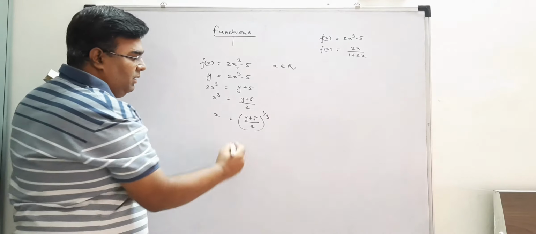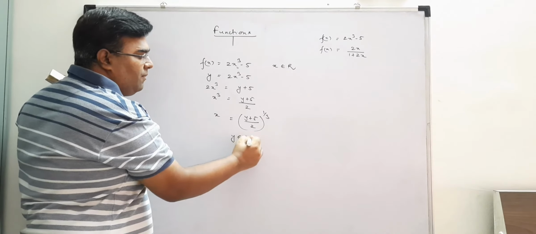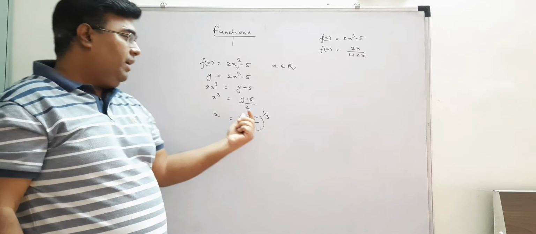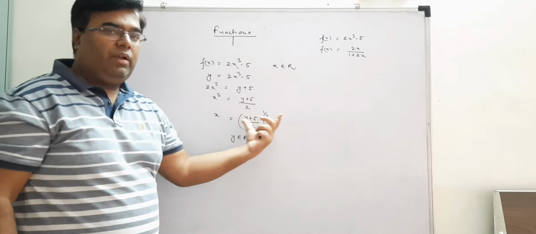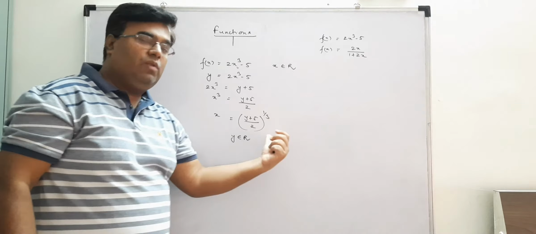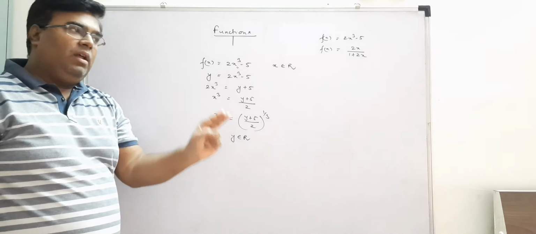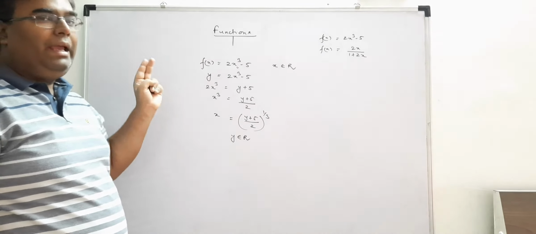It means y also belongs to the real numbers. When we get this kind of equation where we can take all the values of y, it means that all the values of y will have an image in A, right?